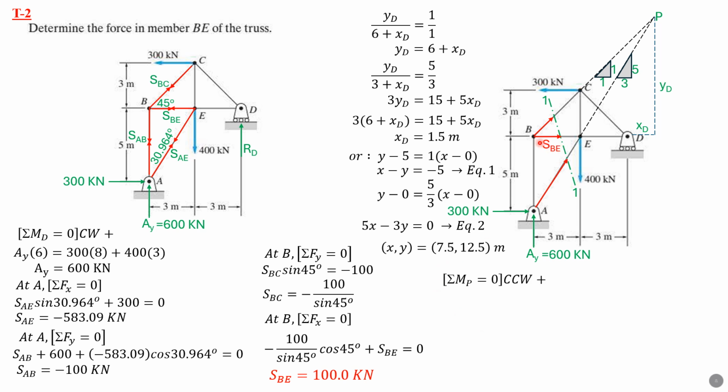Only SBE and these reaction components are involved in this moment summation about P. So SBE times YD, which is 7.5, plus 300 times 12.5 equals 600 times 7.5.